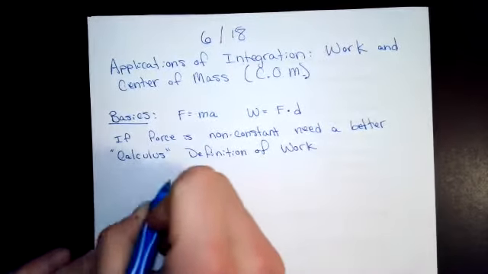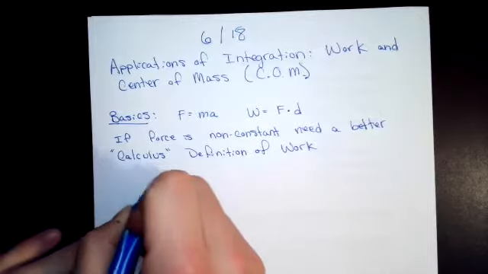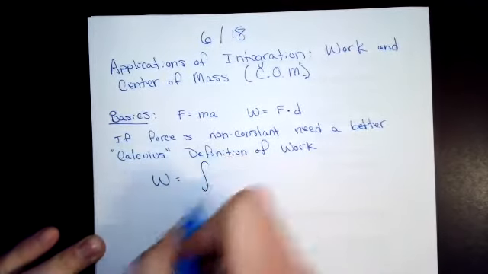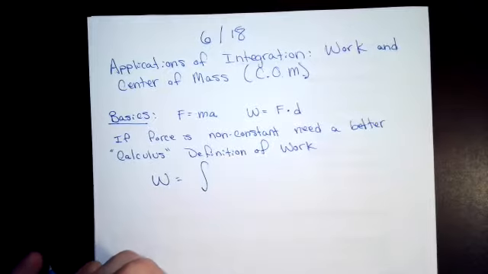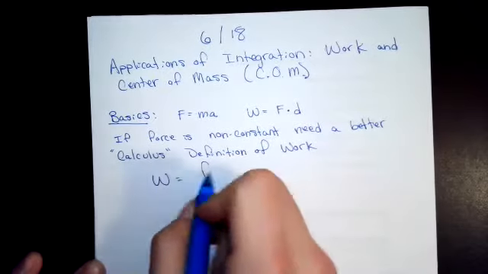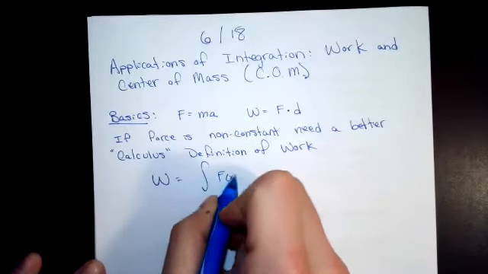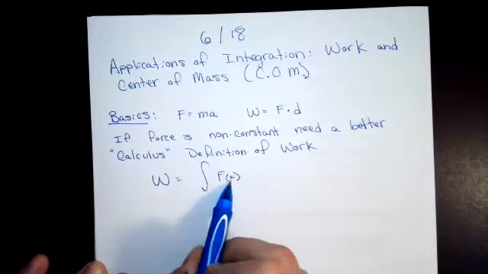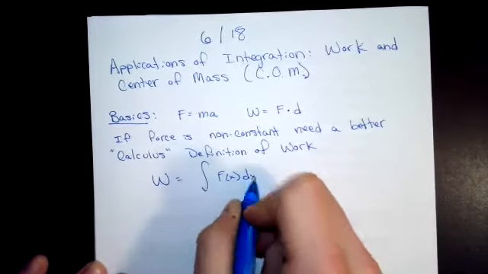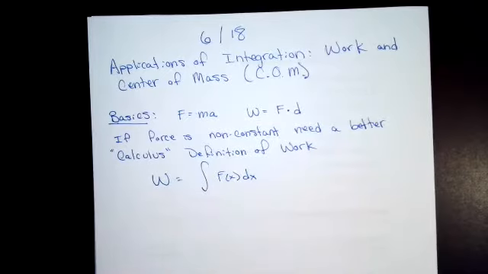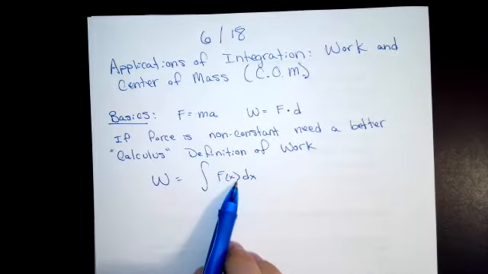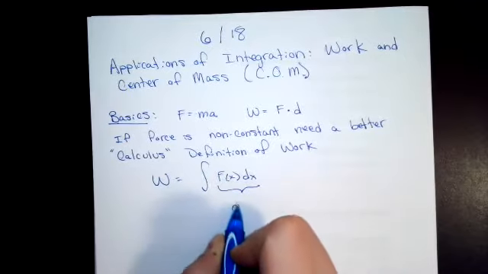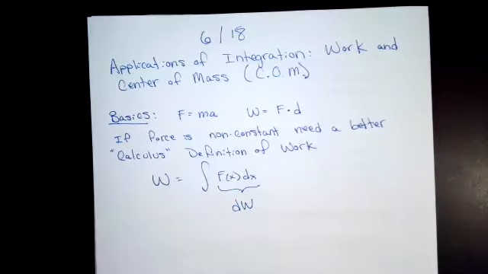So in that case, our total work that we do, well, really what we want to do is add up all the infinitesimal pieces of work. And so that's simply going to be my force, now as a function of x, since it's changing, times every little infinitesimal piece. So this f of x dx you can kind of think of as dw.